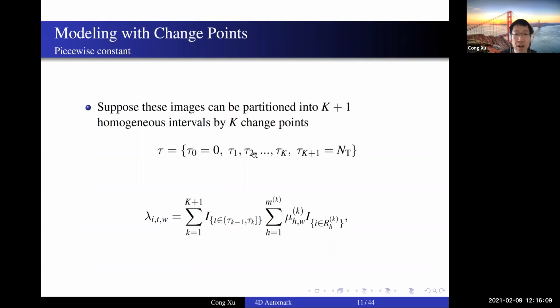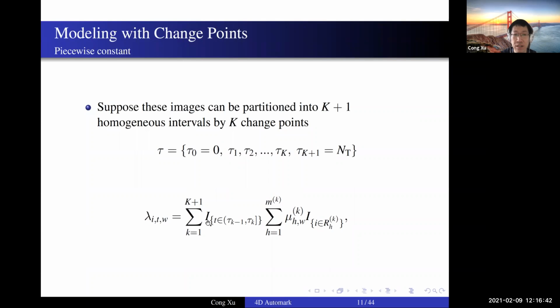So we have tau 1 to tau k, the k change points, and therefore the whole series of images has been partitioned into k plus 1 time intervals. We assume that each interval has a homogeneous piecewise constant model, as we mentioned before. Therefore, we can write down the formula for this lambda in this format.